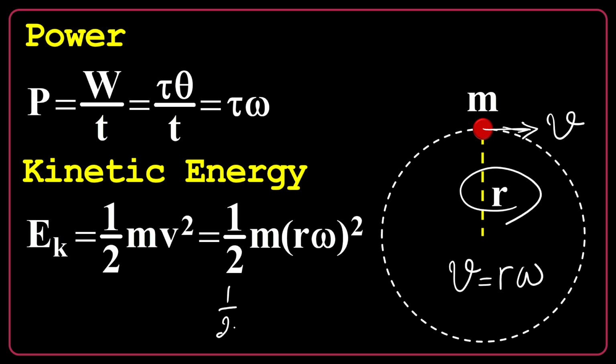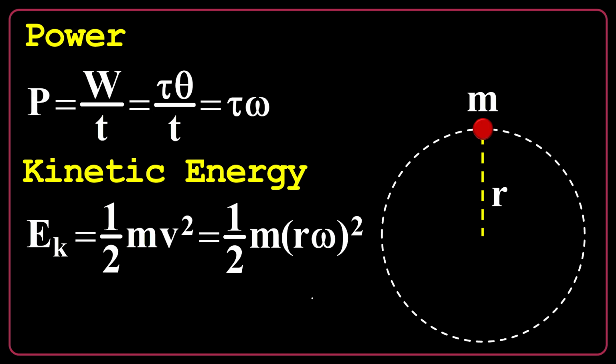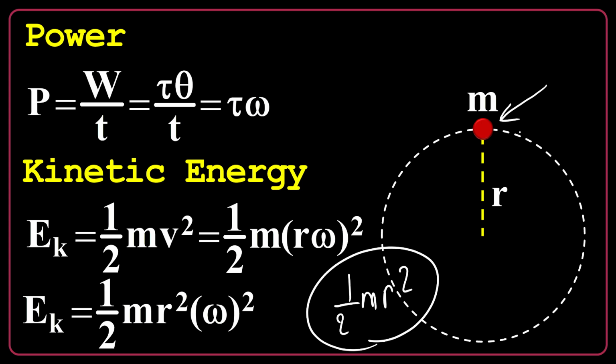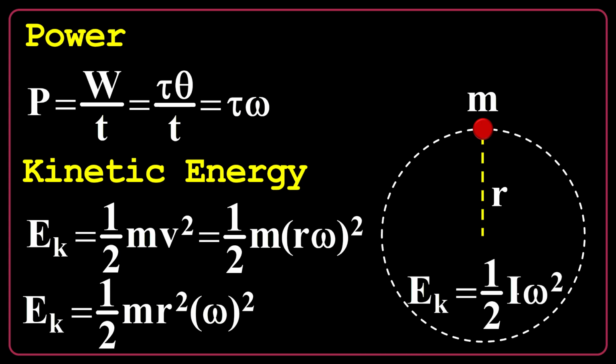It's actually a half of m r squared omega squared. Okay, so let's write it like that. A half of m r squared for a point mass is supposed to be moment of inertia. So it's supposed to be a half of moment of inertia times omega squared. Not for a point mass, for every object. I is general, but the approach was very simple based on a point mass moving on a circular path.